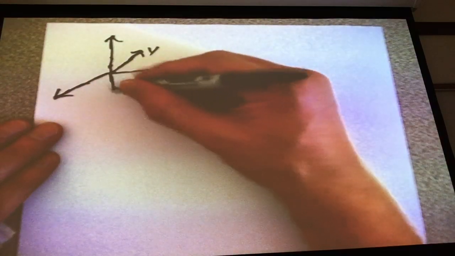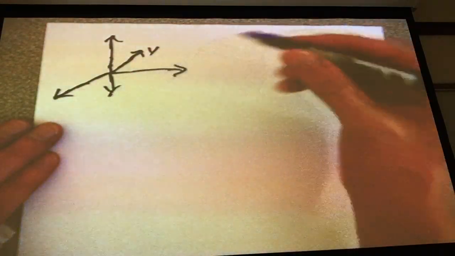Let's say this guy is in the XZ plane. Okay.